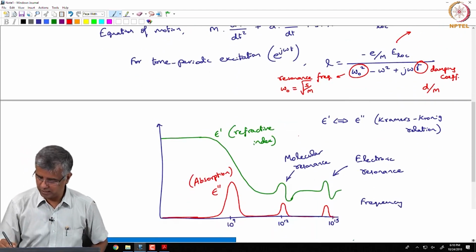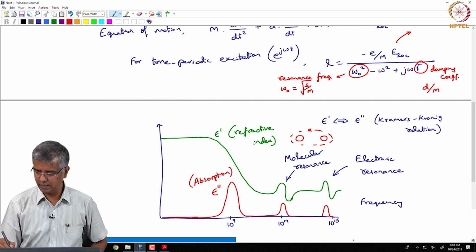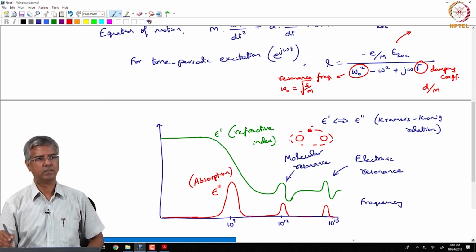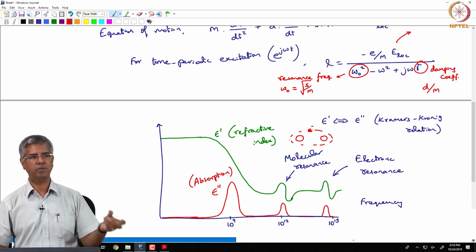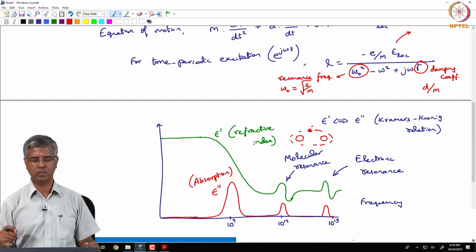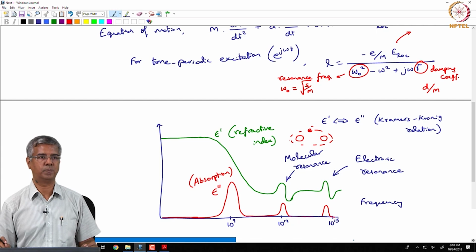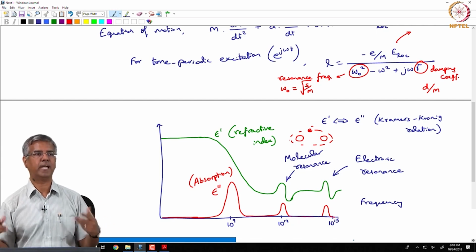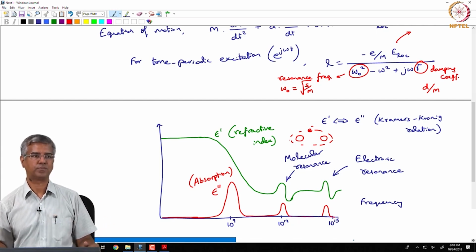So, you basically have one atom here, another atom here, sharing an electron, and this can once again be modeled as two masses attached to a spring. So, that is going to have a characteristic resonance.